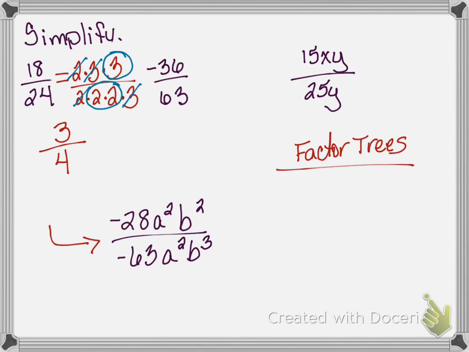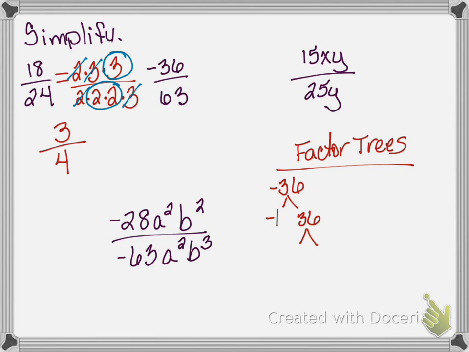The next one, I have a negative in it. I have negative 36. The first thing that I'm going to factor out of that negative 36 is a negative 1. Then I'm going to start breaking down my 36.